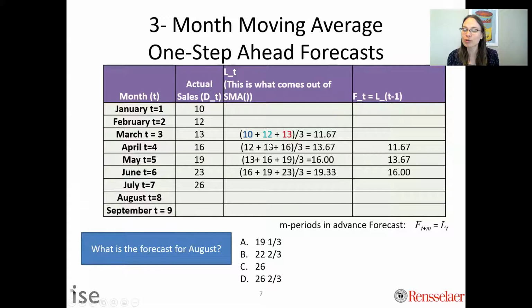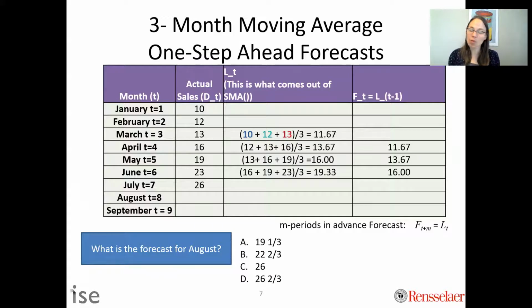Where did we get L of April? You go 3 months back and take the average. And there's always a 1 period lag between F of t and L of t.